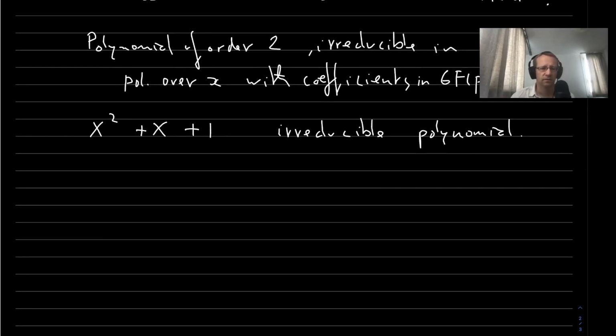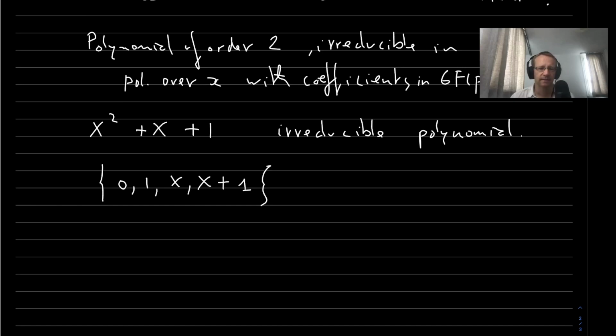And so we can have generators of the ring, which are basically 0, 1, x, and x squared, but x squared is equivalent to minus x minus 1, which is equivalent to x plus 1. So now we have a field with these 4 elements.